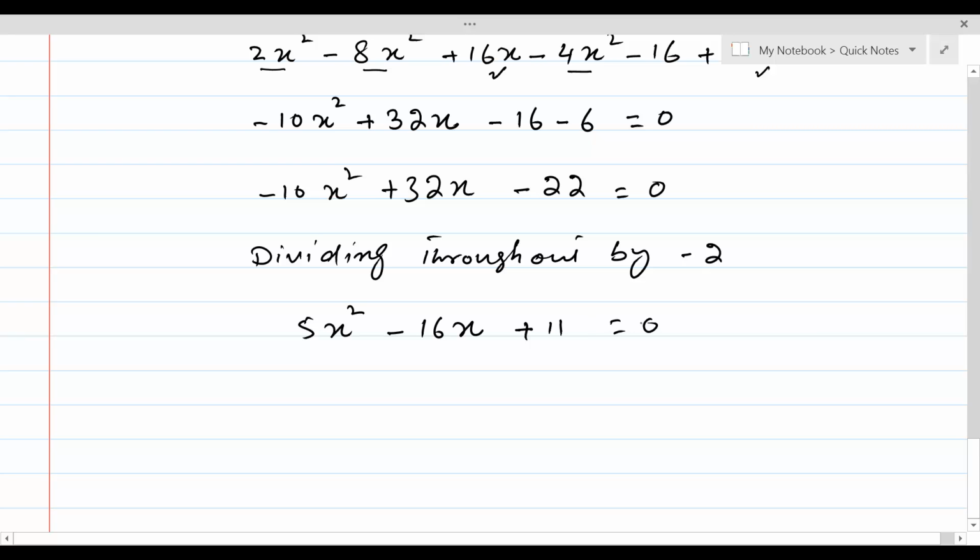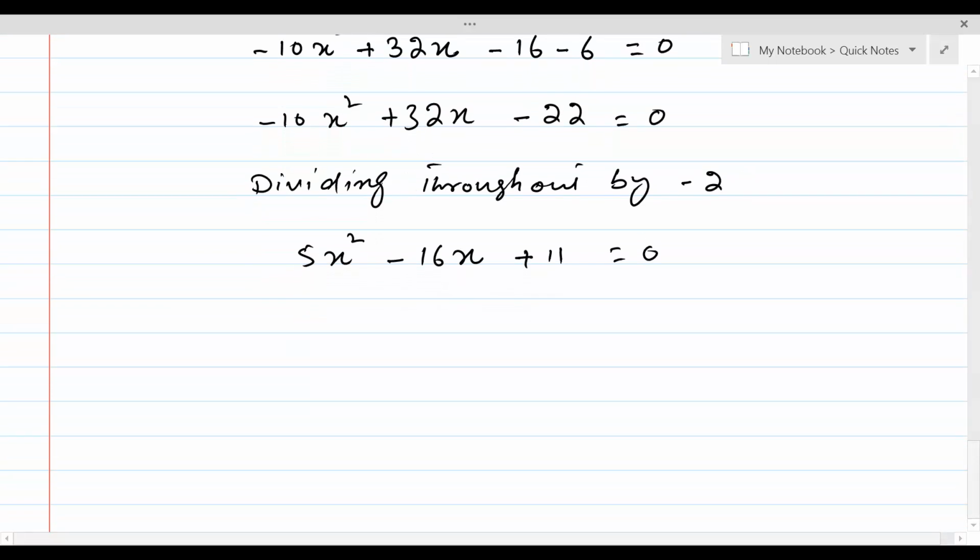So this will be the required equation in simplified form in one variable, and we are well used to finding the solution of a quadratic equation by applying any of the methods, either the quadratic formula or factorization.